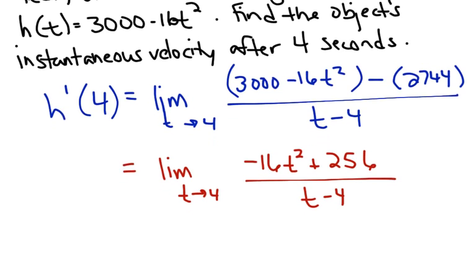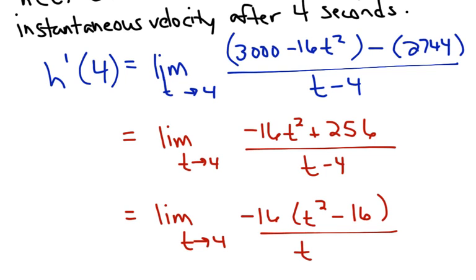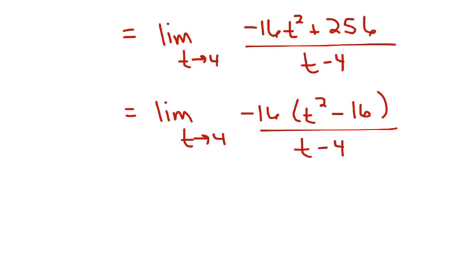It still doesn't say t minus 4, but I bet I can factor negative 16 out from both of those terms, and I'm left with t squared minus 16. And then t squared minus 16 is going to factor into t plus 4, t minus 4.